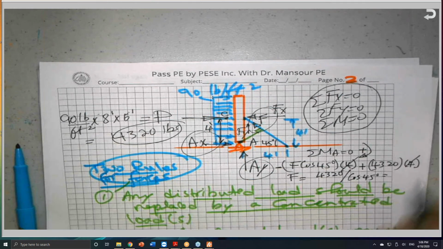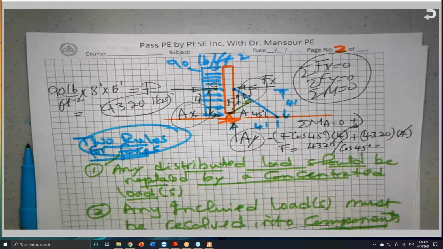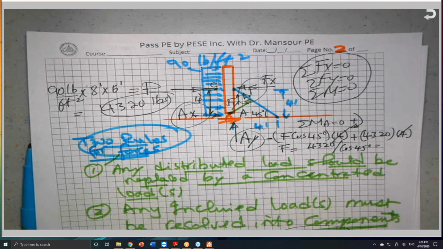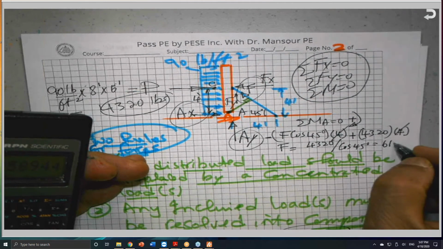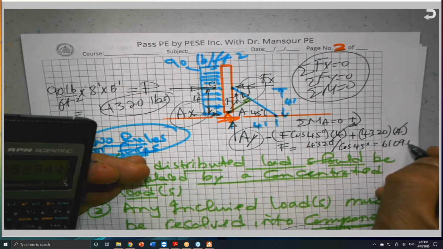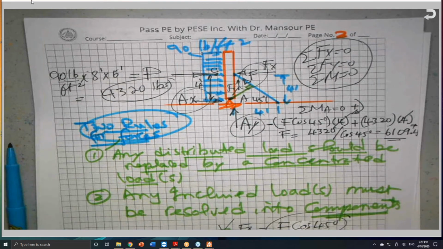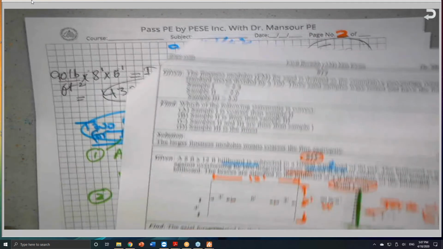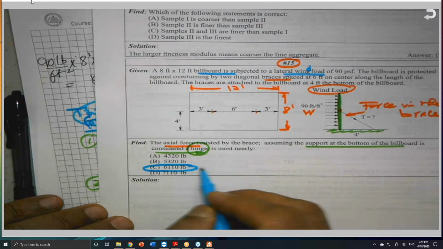And if we do this math, 45 cosine inverted and multiplied by 4320 will give us about 6109.4 pounds. So hopefully we have an answer closer to this number. 6110, probably the answer C.